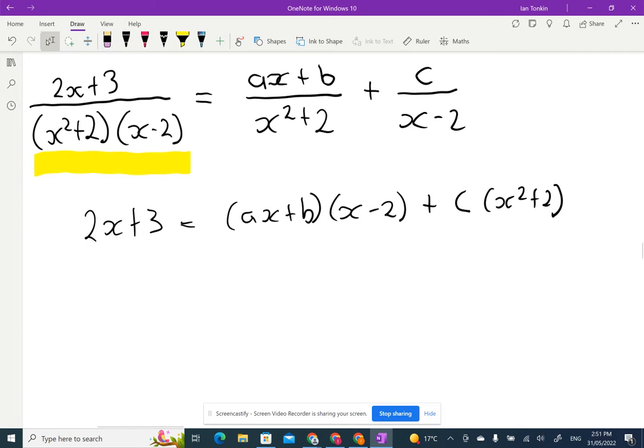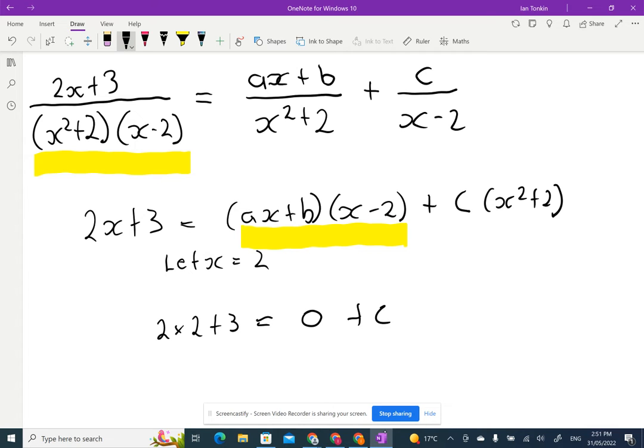Now, again, the worked solutions go through this and do it a little bit differently. I much prefer to do it like this. I'm just going to let x equal 2. And that's going to make that equal 0. So I'm going to get 2 times 2 plus 3 equals 0 plus c times 2 squared plus 2.